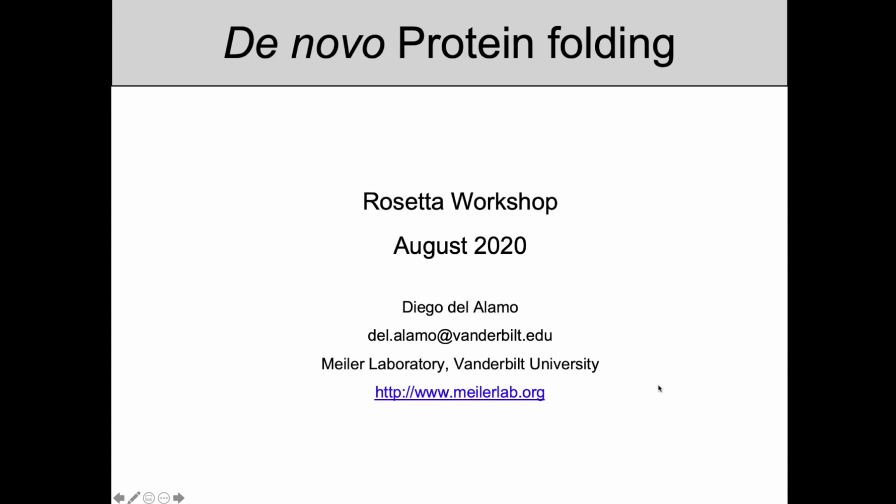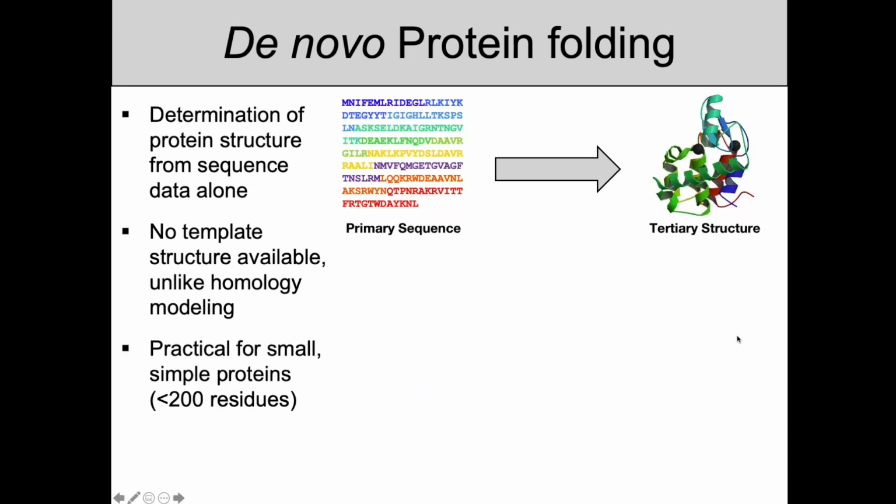Before we jump into the tutorial, I'm just going to really quickly give an overview of how this method works and how you can modify it to fit your specific problem. So de novo protein folding is a very difficult problem in structural biology. Essentially, what we're trying to do is predict the structure of a protein from its primary sequence alone, so just the amino acids.